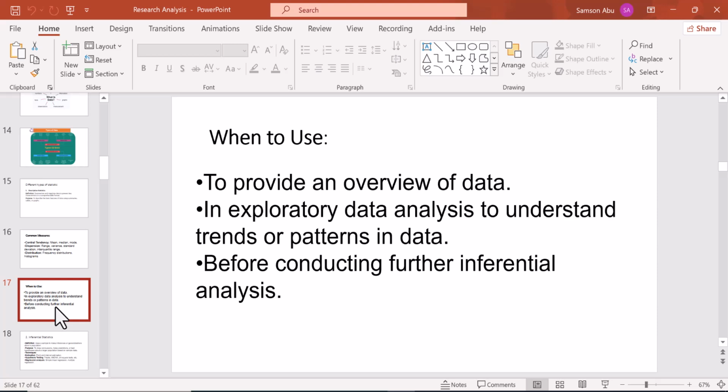So when you want to provide an overview of data, you must do this. Before you run your inferential statistics, it's important that you run descriptive statistics. Please don't forget this. Don't just dive into your inferential. We want to know how many they are. How many are male? How many are female? That is, if your data makes use of gender. The frequency count comes before proceeding to your inferential statistics.